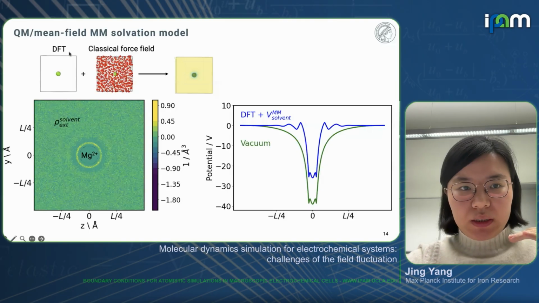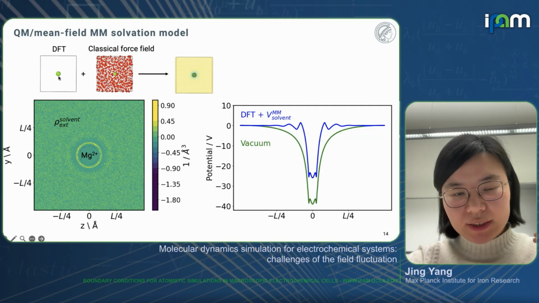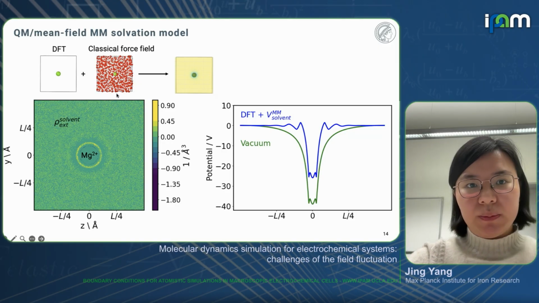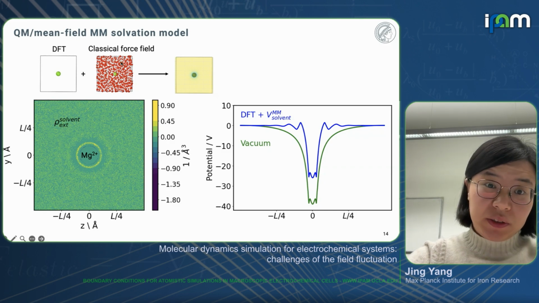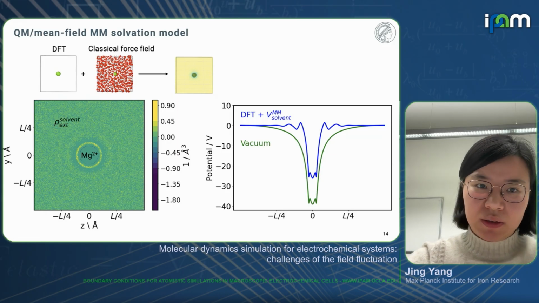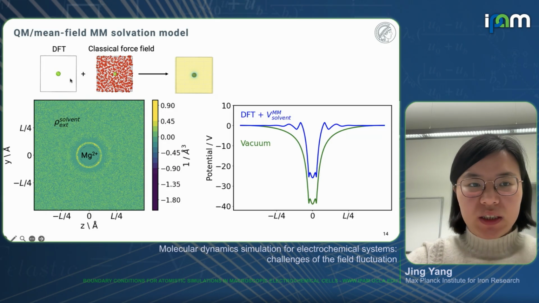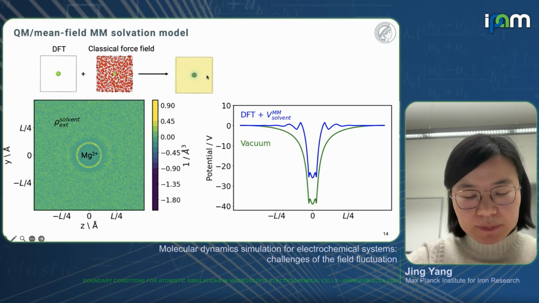And the idea is very simple. So in the DFT calculation, we only have the magnesium 2+, and then the screening field of water is simulated by a classical force field. We do a long trajectory of the classical force field calculation, and then we get an average electrostatic potential of water. This average potential is added back to the DFT calculation. So this is similar to an implicit solvation model.